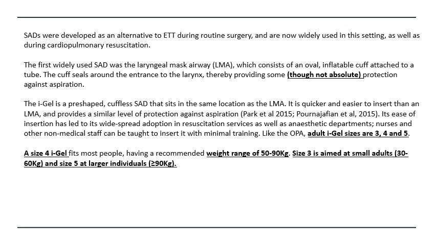Adult iGel sizes are 3, 4, and 5. A size 3 is aimed at a small adult, 30 to 60 kg, size 4 for those weighing 50 to 90 kg, whereas size 5 is for those weighing 90 kg or more.